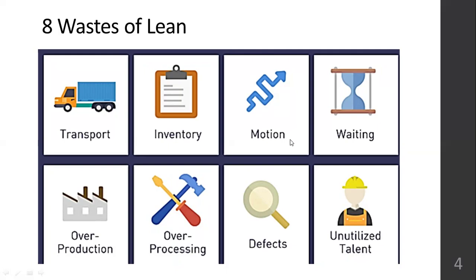Next is inventory. Oftentimes it is difficult to think about excess inventory as waste. In accounting, inventory is seen as an asset, and suppliers often give discounts for bulk purchases.